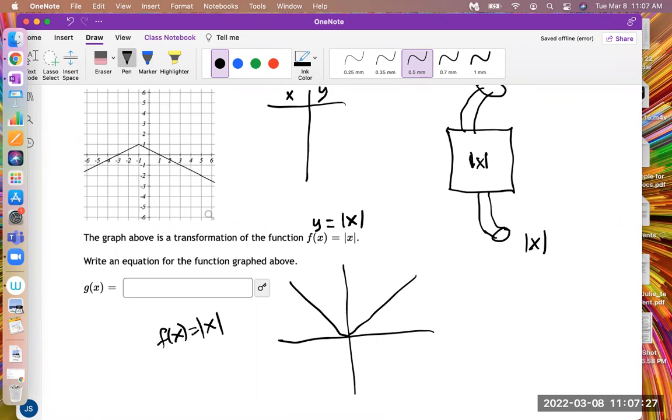We have to have these memorized for all the major functions we're going to learn for this class. This is one of the major ones. If f of x equals the absolute value of x, this is what the graph looks like. It's a V centered at 0, 0, and it's upward facing, okay?